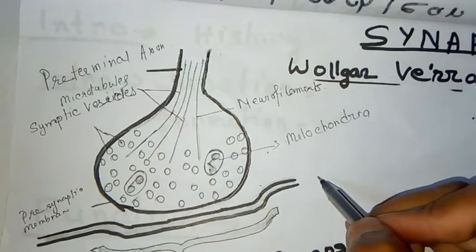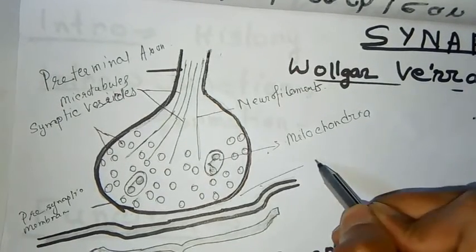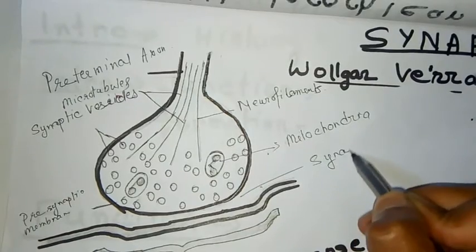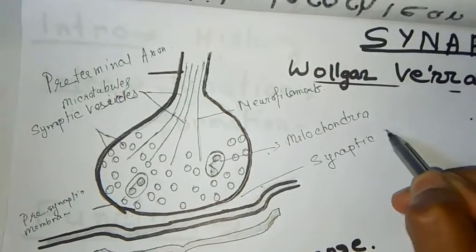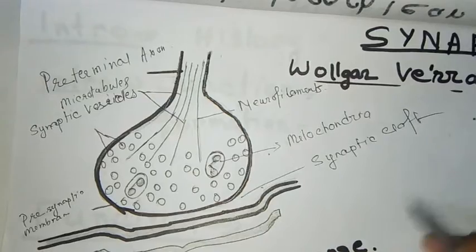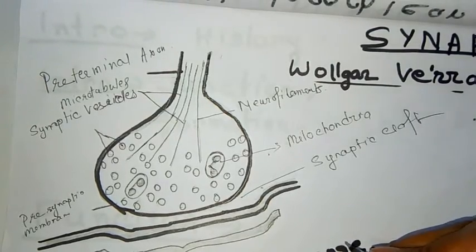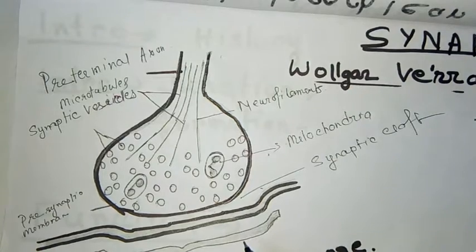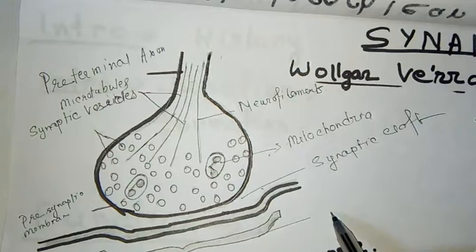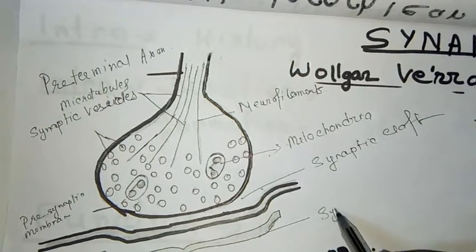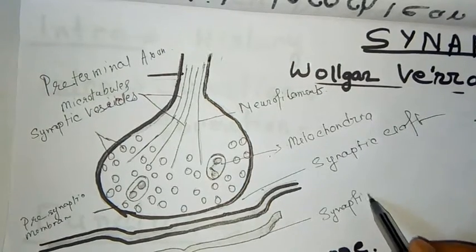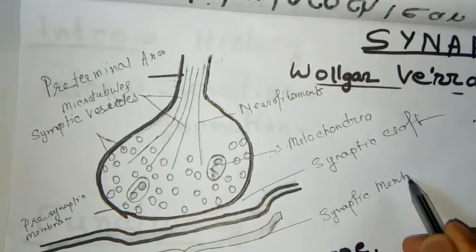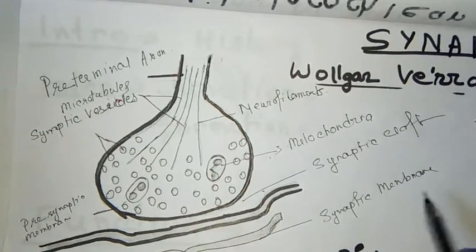This is the synaptic cleft. And this part is called the synaptic membrane. So these are the structures of the synapse.